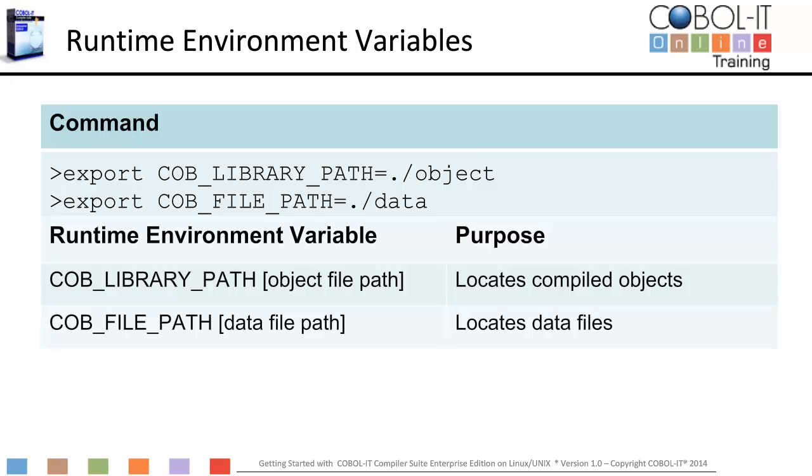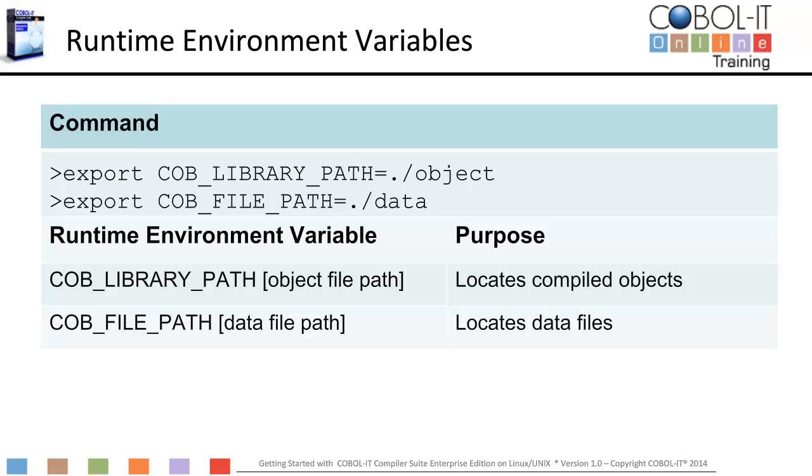This information is needed by the runtime when it starts the application, and when it calls subprograms. The COBOL file path environment variable informs the runtime where the data files are located, and where to create new files. Our application calls a subprogram, and references data files. So let's examine these functions more closely by looking at the source code.